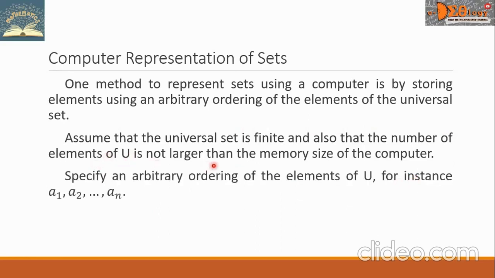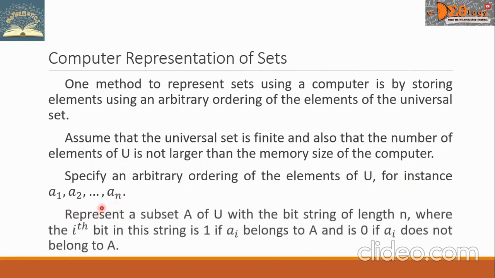Specify an arbitrary ordering of the elements of U. For instance, a1, a2, up to an. Then represent a subset A of U with a bit string of length n, where the ith bit in this string is 1 if ai belongs to A, and is 0 if ai does not belong to A.